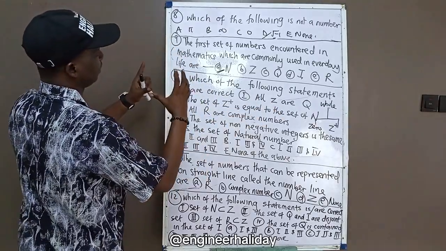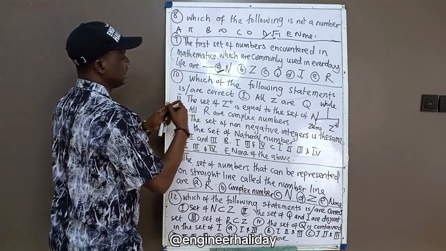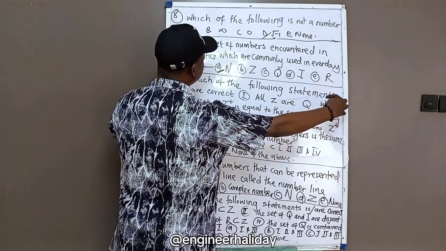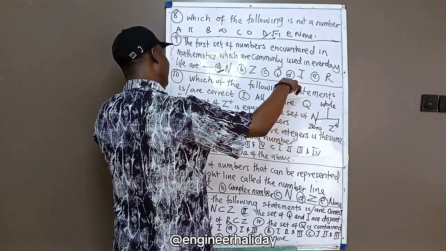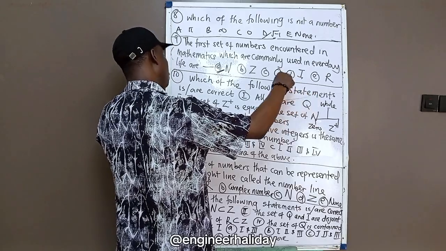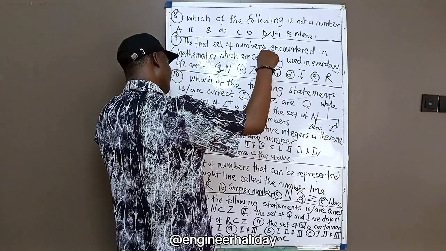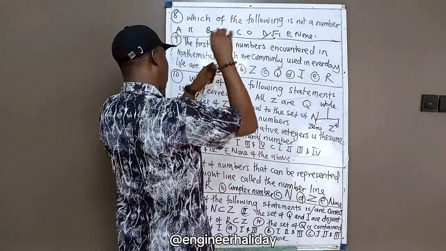If you check the chart, let me picture the chart for you. We have a rational number that has an integer and a non-integer. We call it non-integer numbers. So those combine together to give you rational numbers.